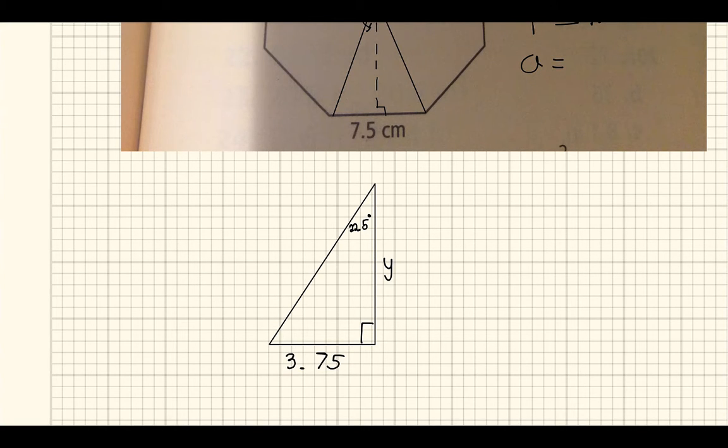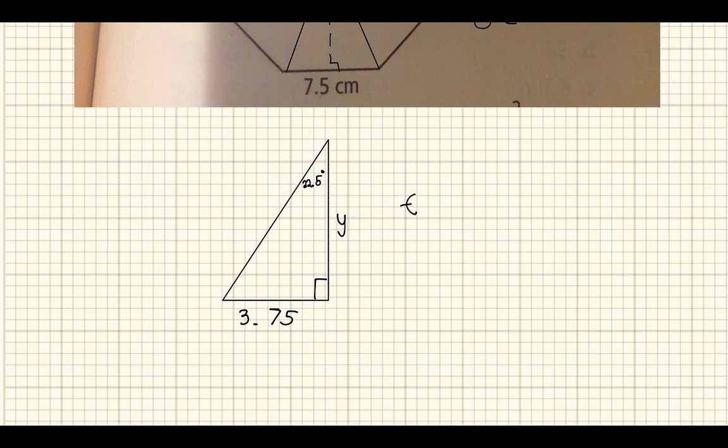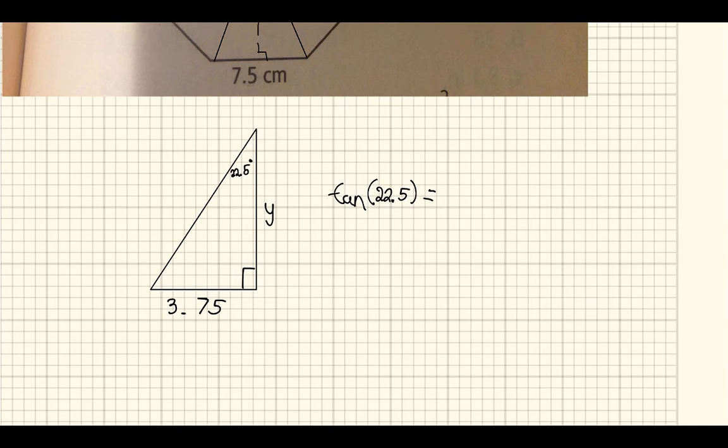All right, so we're trying to use SOHCAHTOA. We have this angle here. We have the opposite side. We're trying to find the adjacent side. So if you remember, SOHCAHTOA, opposite and adjacent goes with tangent. So we have the tan of 22.5 equals opposite, 3.75, over adjacent, that y.